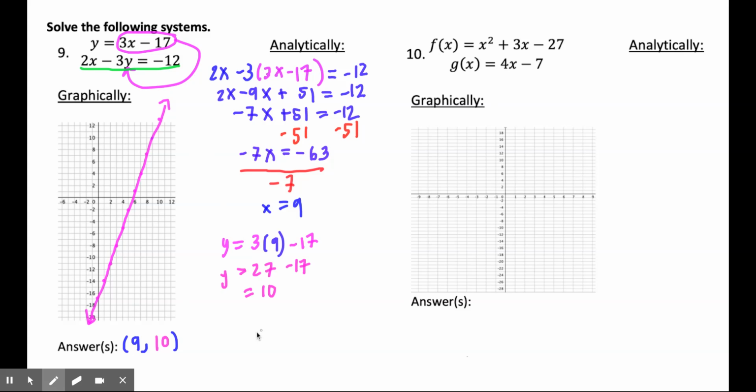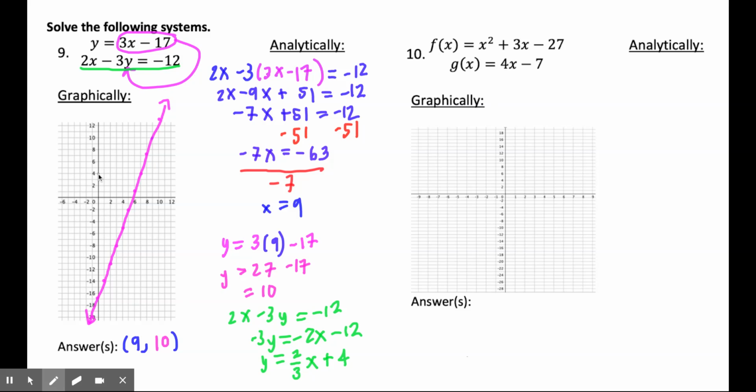And then this one is not in y equals mx plus b form. So let's change that. So subtract 2x and divide by negative 3. And then you get positive 2/3 x. And then negative 12 divided by negative 3 is positive 4.